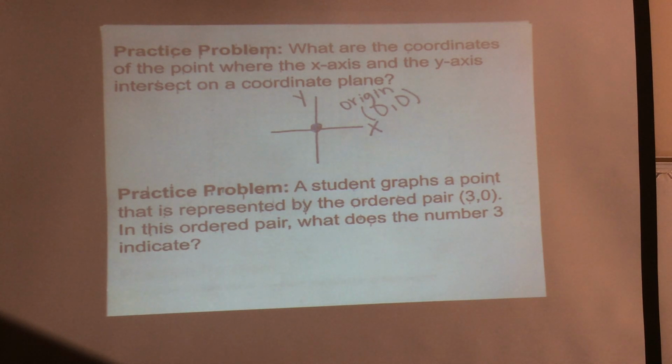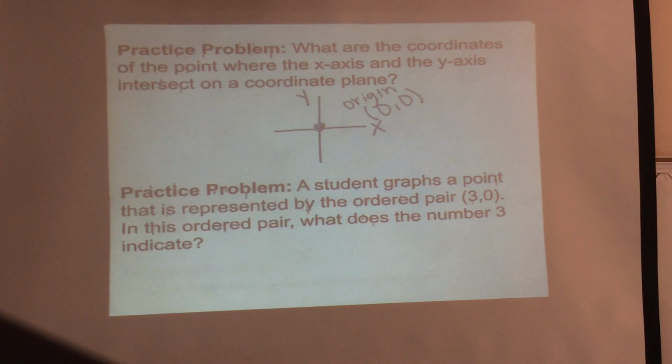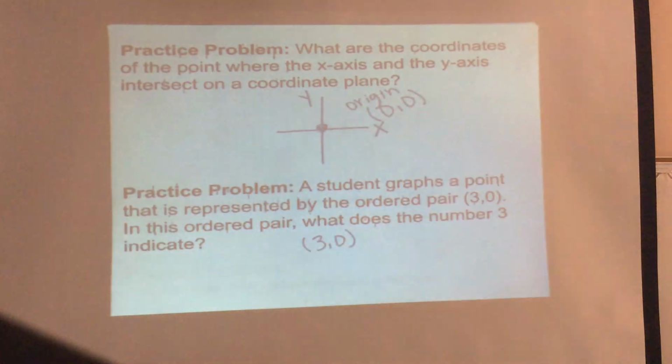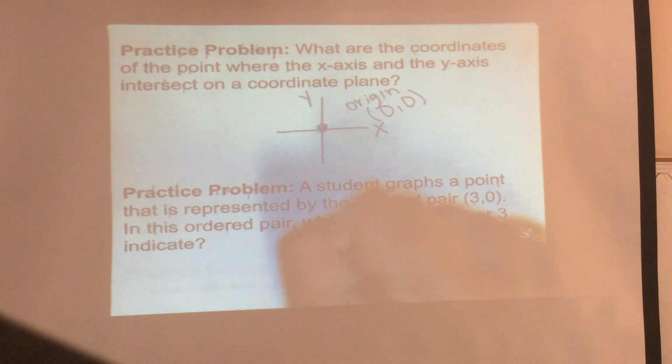All right, the next question. A student graphs a point that is represented by the ordered pair 3, 0. In this ordered pair, what does the number 3 indicate? I am first going to rewrite that ordered pair and label it.